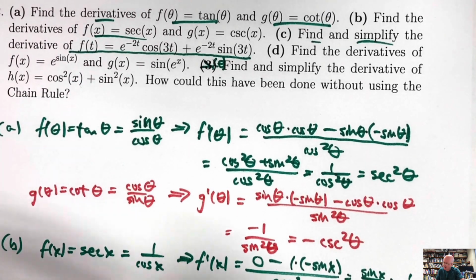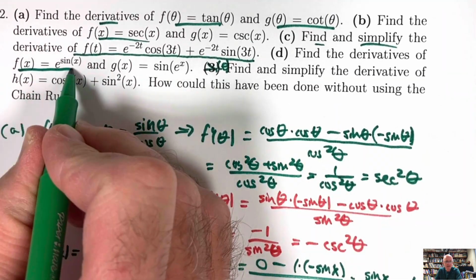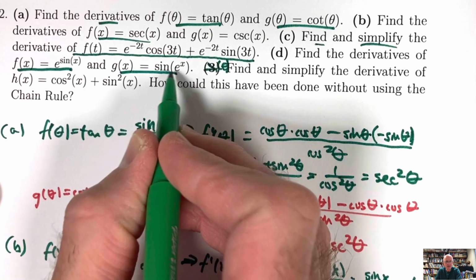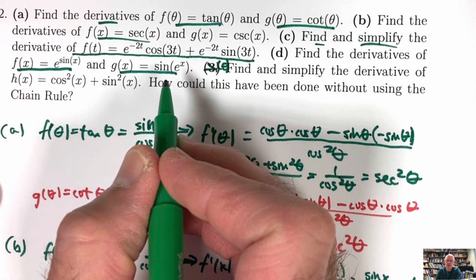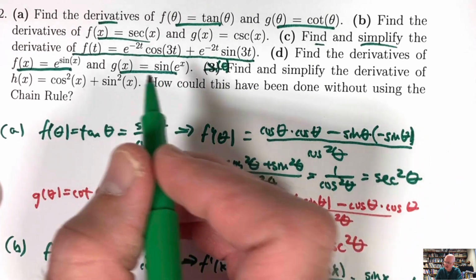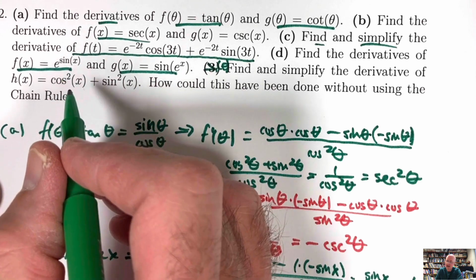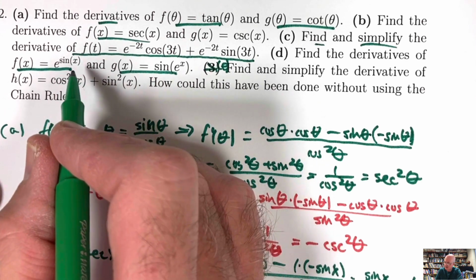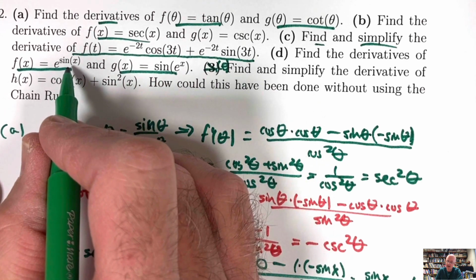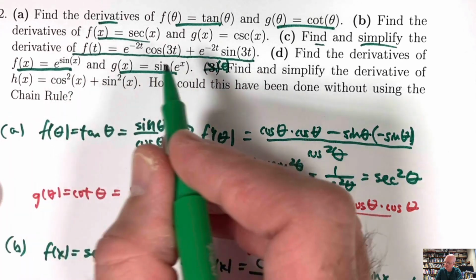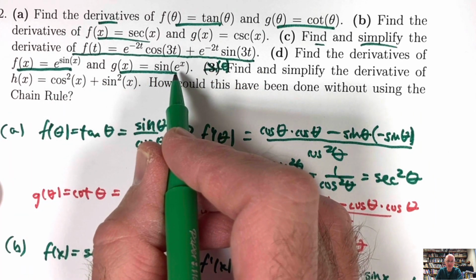Find the derivatives of f of x equals e to the sine of x and g of x equals sine of e to the x. I'm composing two functions. I need the chain rule. It's the same function, sine of x and e to the x, but opposite orders of composition. For this one, the inner function is sine of x, and the outer function is e to the x. For this one, the inner function is e to the x, and the outer function is sine of x.